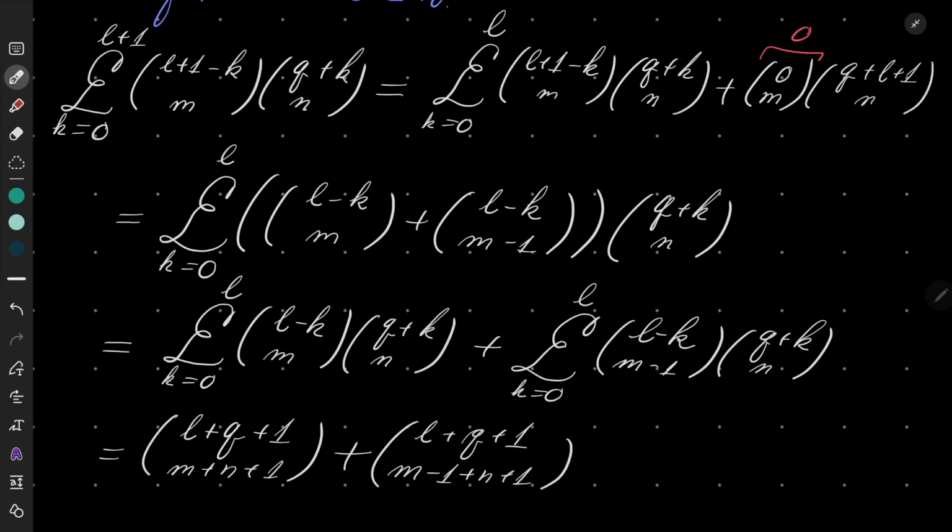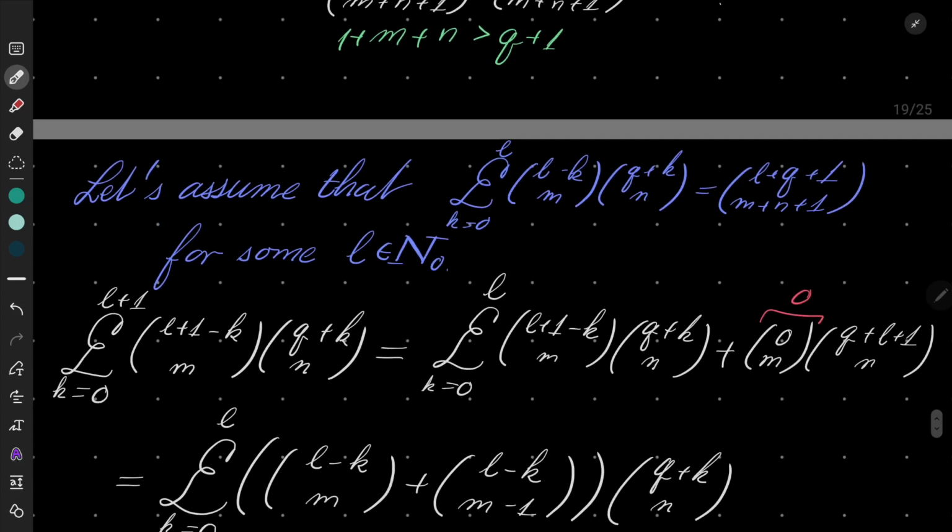Why? Because we assume that this is true for every m greater than or equal to 1. Because induction is on L, m can be arbitrary.